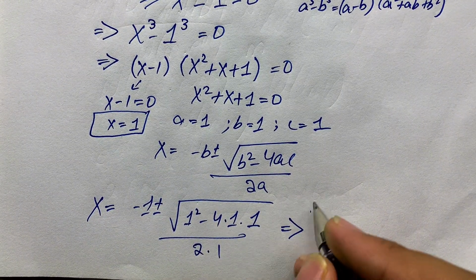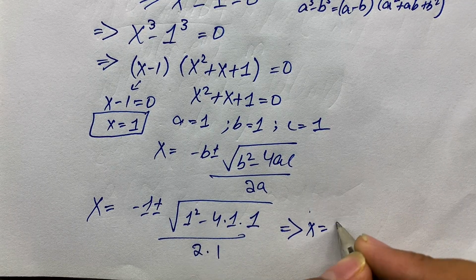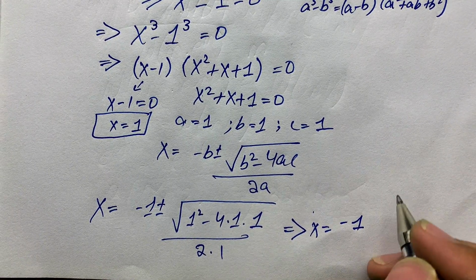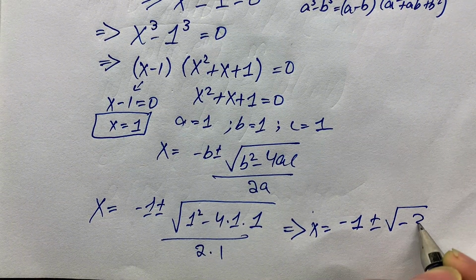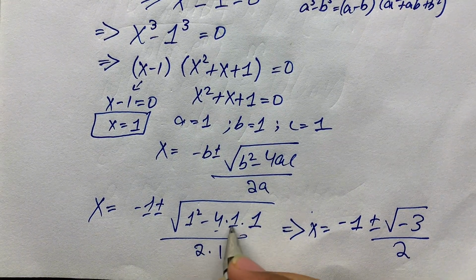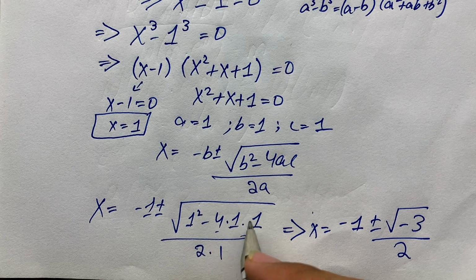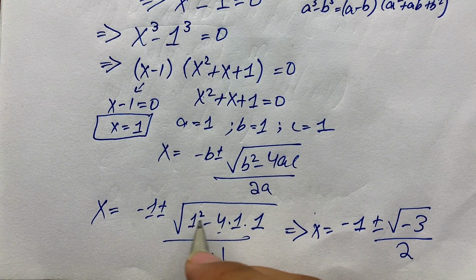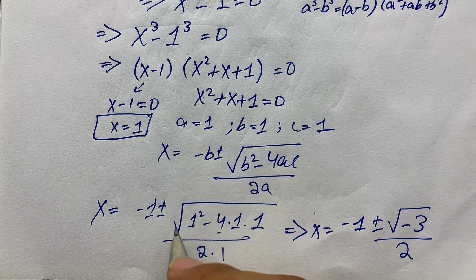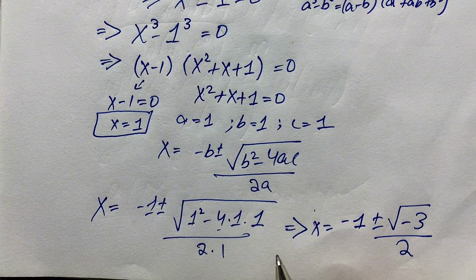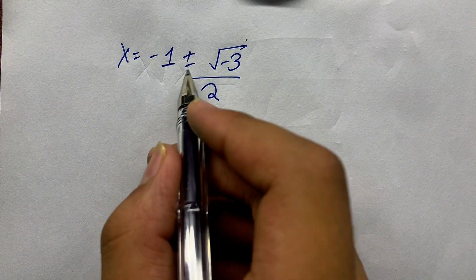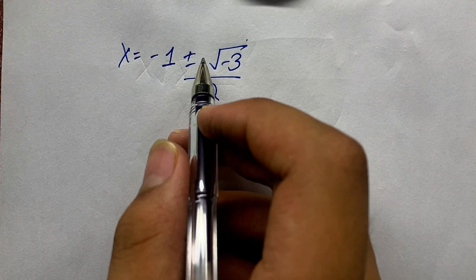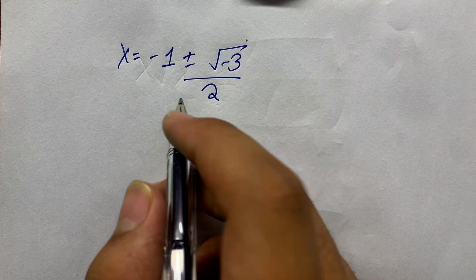That is x is equal to minus 1 plus minus under the root minus 3 divided by 2. 4 into 1 is 4, 1 square is 1, and 1 minus 4 is minus 3. So x is equal to minus 1 plus minus under the root 3 divided by 2.